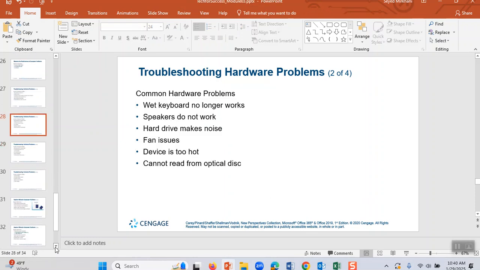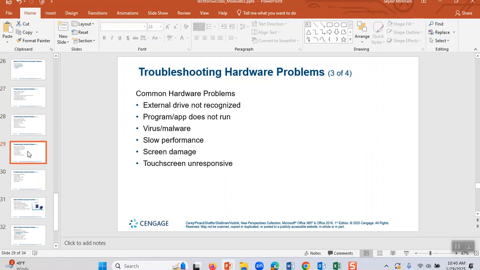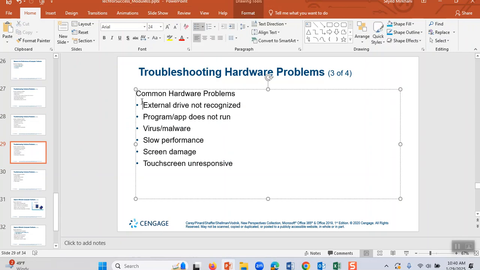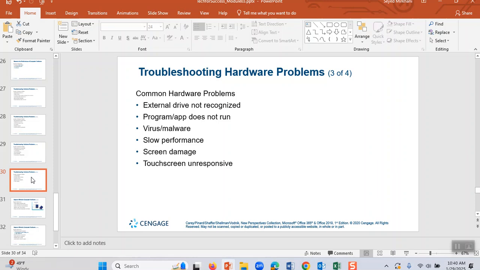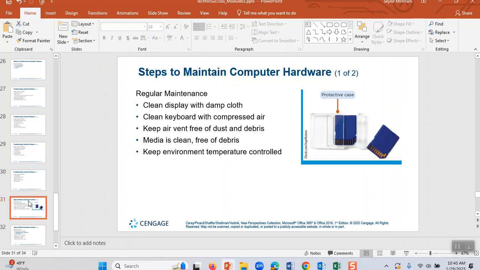And of course, if you have to take it to fix it for you, then you have to. And how to troubleshoot an external drive, viruses. It might be a problem with viruses, and there are damages and all these issues that might happen. And these are other issues that you might run into when you're working with a computer.